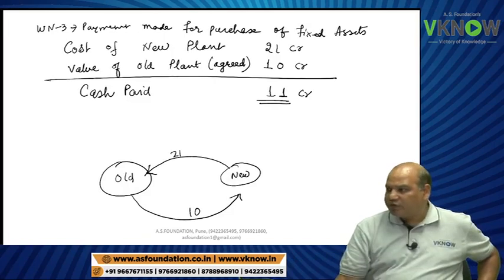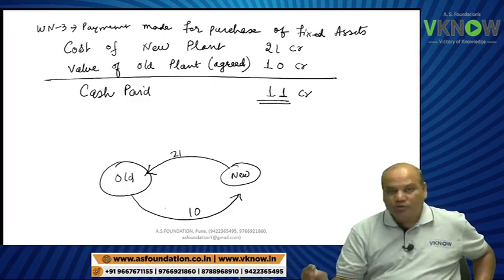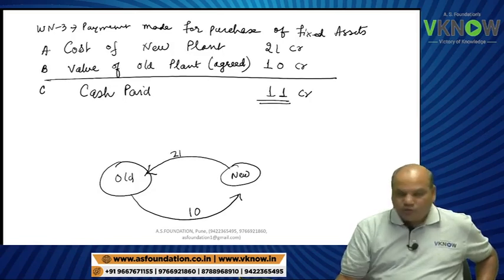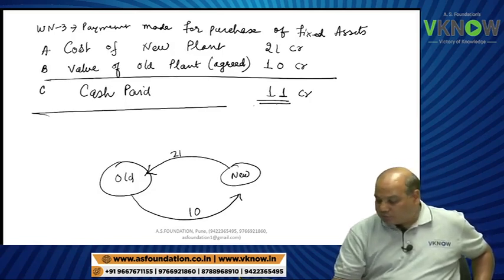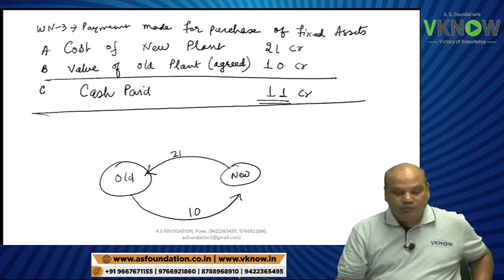Right hand side rupees in crore. Point number A, cost of new plant 21 crore. Value of old plant agreed 10 crore.